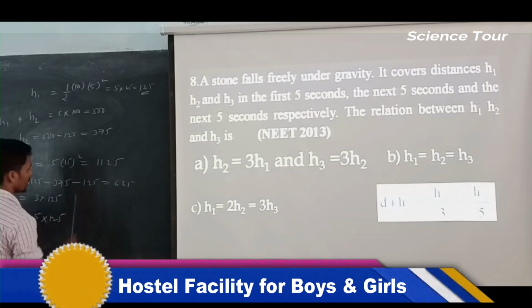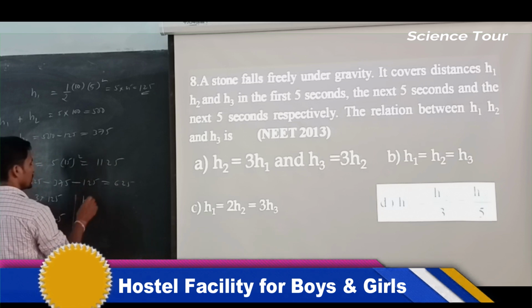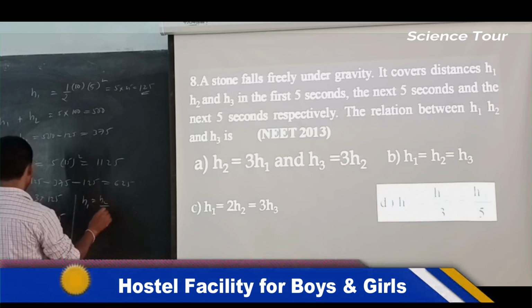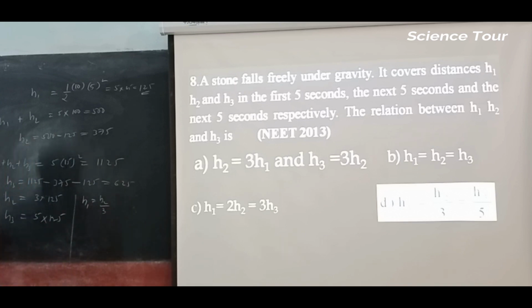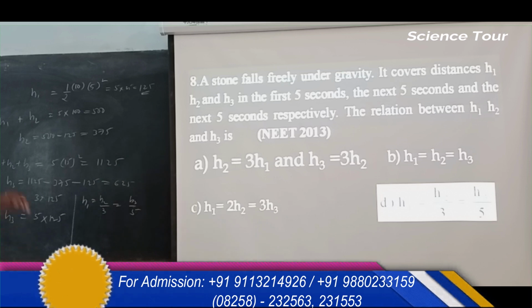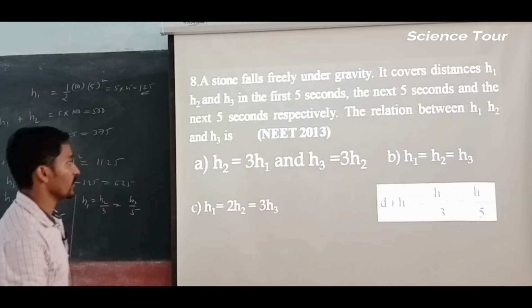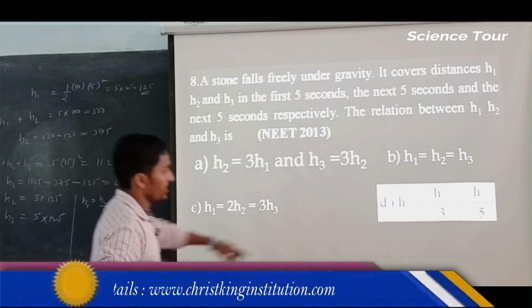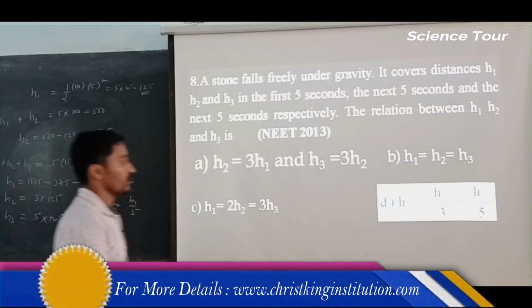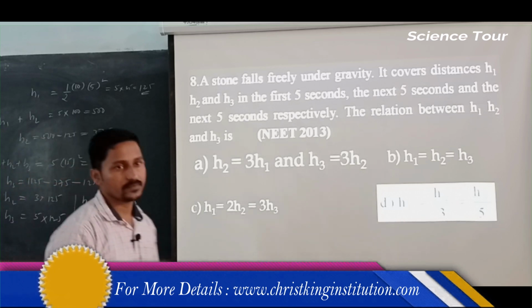So I can write h1 is equal to h2 by 3, which is equal to h3 by 5. Or else I can write h2 is equal to 3h1 and h3 is equal to 5h1. Simple like that.